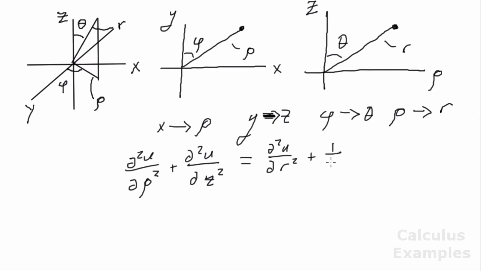Plus, instead of 1 over rho, it'll be 1 over r. Remember, we're making that replacement. First partial of u with respect to, instead of rho, it's r. Plus 1 over r squared. Instead of phi, we're using theta. So second partial of u with respect to theta.